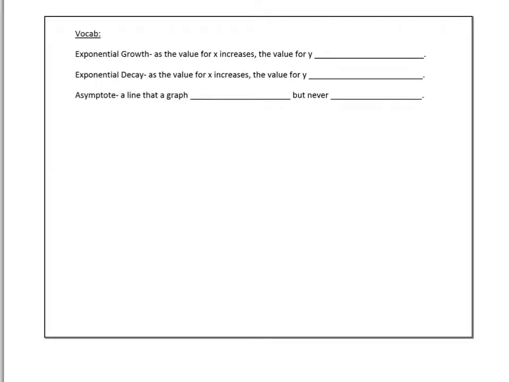We have a few vocab words here, one we've already talked about. Exponential growth means that as the value for x increases, the value for y also increases. Exponential decay means that as the value for x increases, the value for y decreases. So it's kind of like negative slope, and exponential growth would be positive slope.